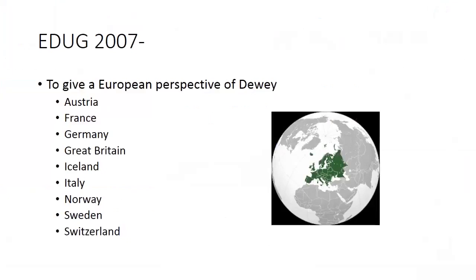So, EDUG was established in 2007 because there were more and more European translations of Dewey, and we found that it's necessary to create a group to work together to discuss some common problems that Europeans were experiencing with Dewey, because Dewey had traditionally had an American focus for about 100 years.